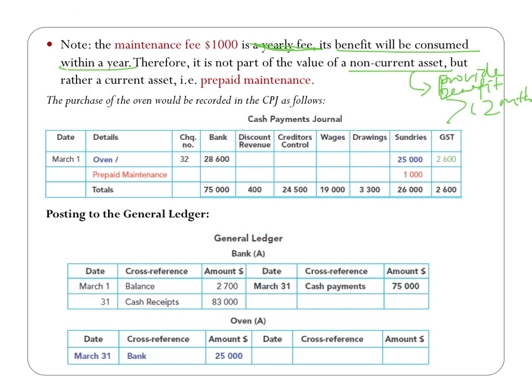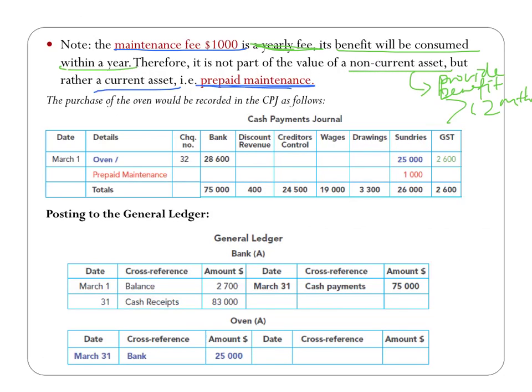So the $1,000 maintenance fee is really a current asset because it's going to be consumed within a year, and it's going to be categorized as prepaid maintenance.